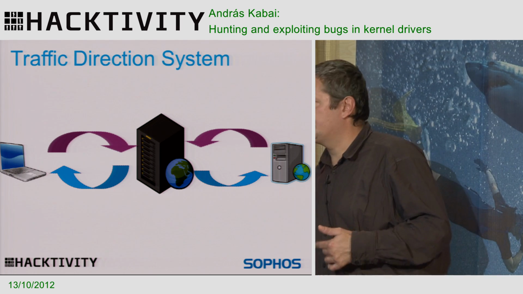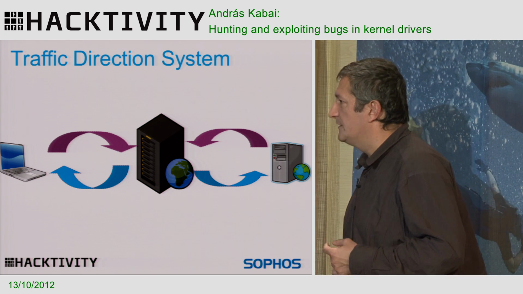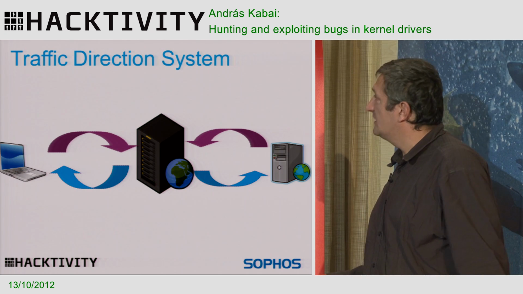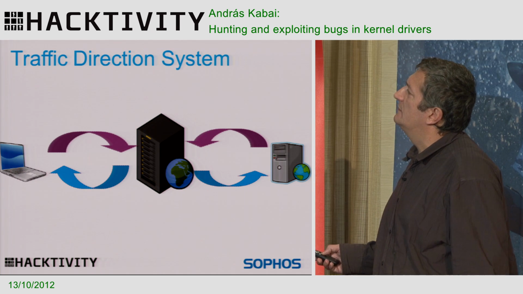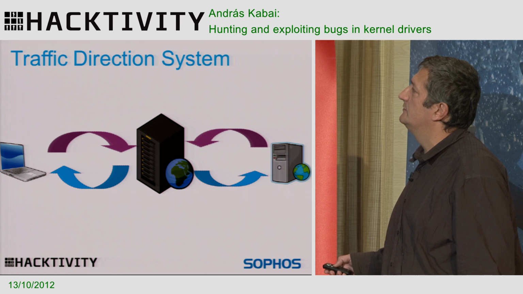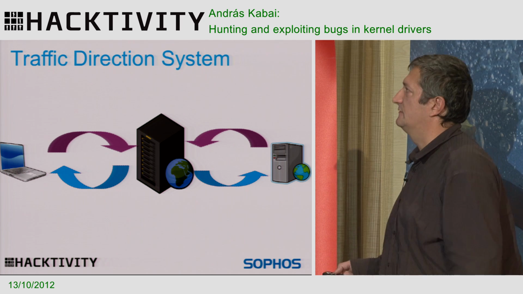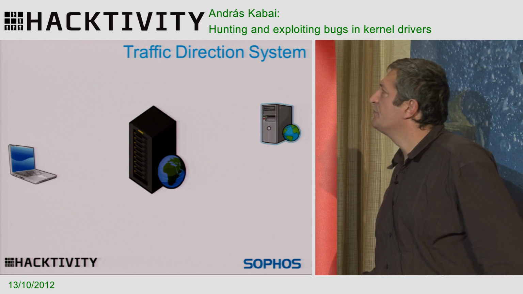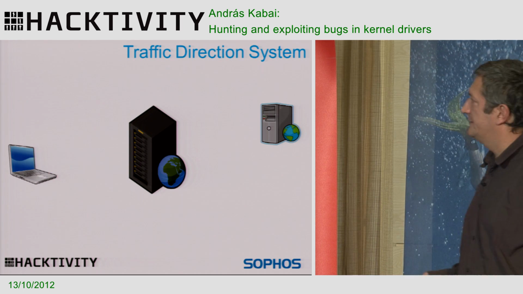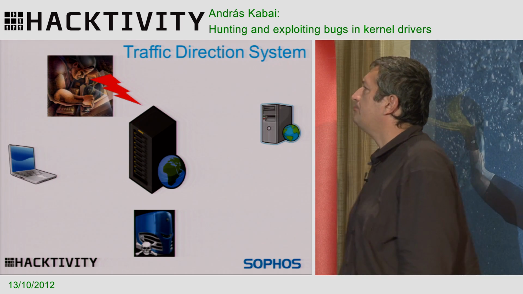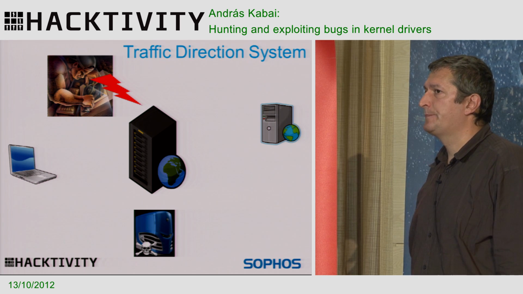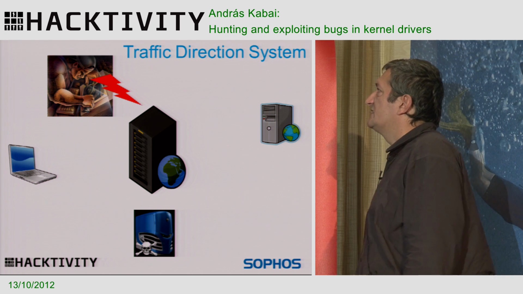Now the traffic direction changes this scheme completely. In normal web traffic, you send a query to the server and you receive a response with the content of the web page. In a TDS scheme, the server is injected with code which redirects some of the traffic to the exploit kit hosting computer.